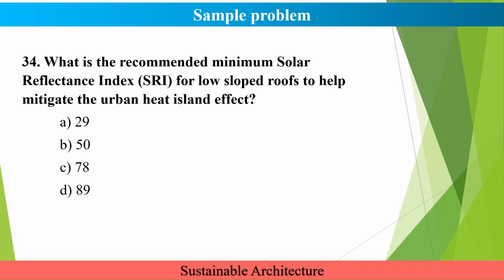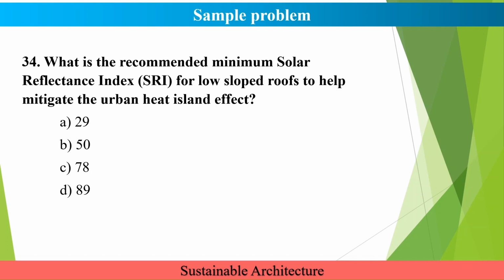Can anybody explain, or are they not able to recall? Abhishek, can you explain? Yes, sir. If it is a steep slope, then it is 29 or higher. If it is a low slope roof, then the value would be around 78 or higher. It depends on the slope. Actually, it's the LEED value when it talks about SRI.